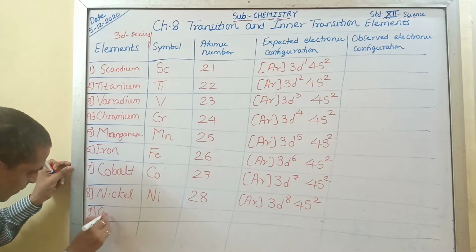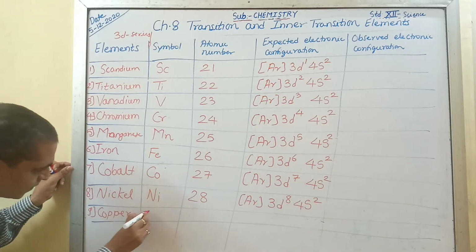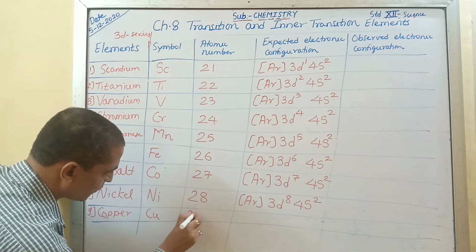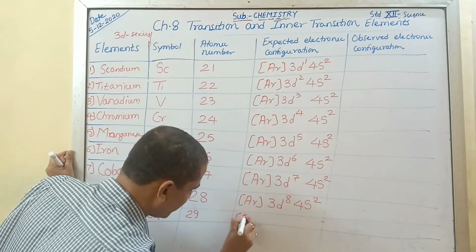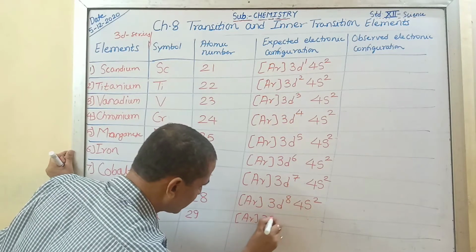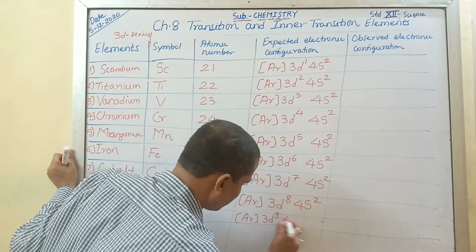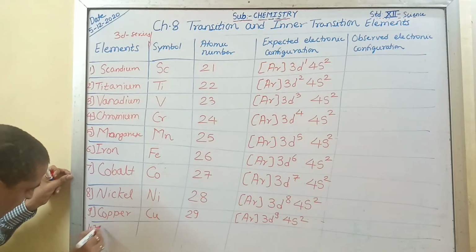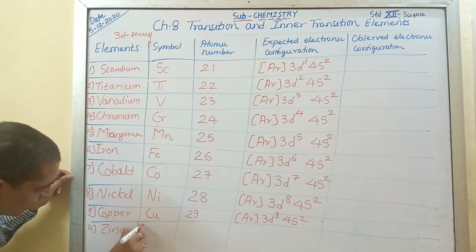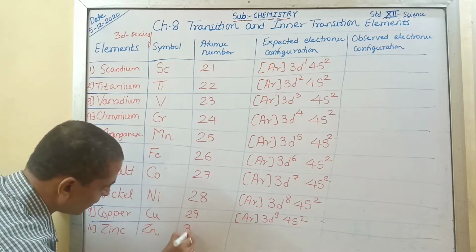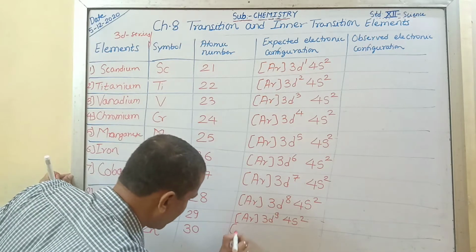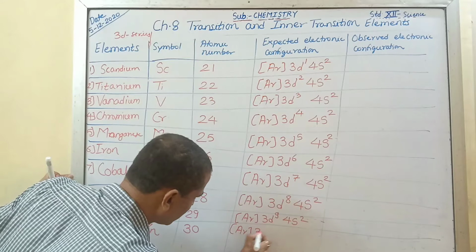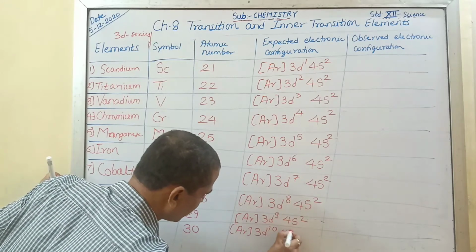Ninth, copper, Cu, 29, argon 3d9, 4s2. And the last one, zinc, symbol Zn, atomic number 30. We have argon 3d10, 4s2.